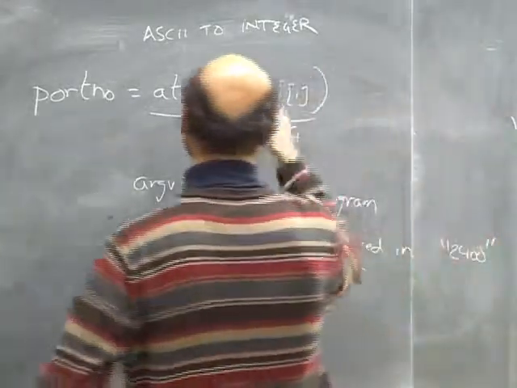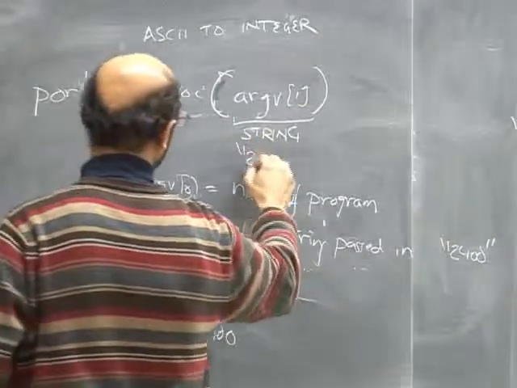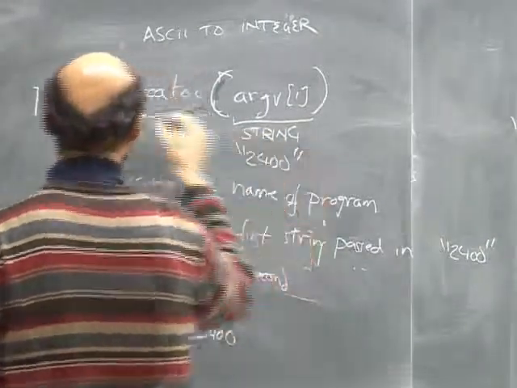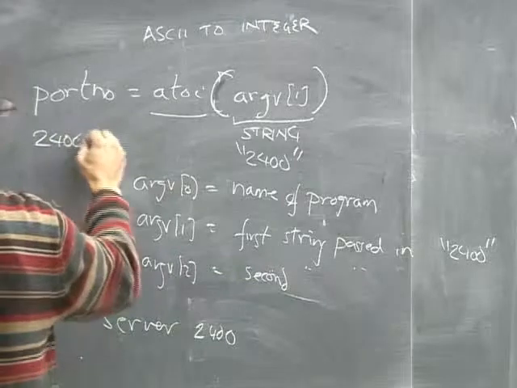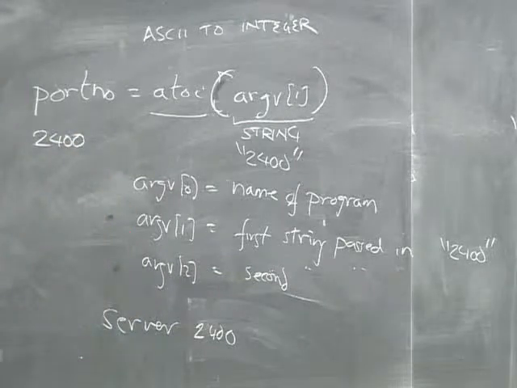And then this is going to be 2400, the integer, because atoi converts the string into an integer. And that's atoi for you. So that's why we need it.